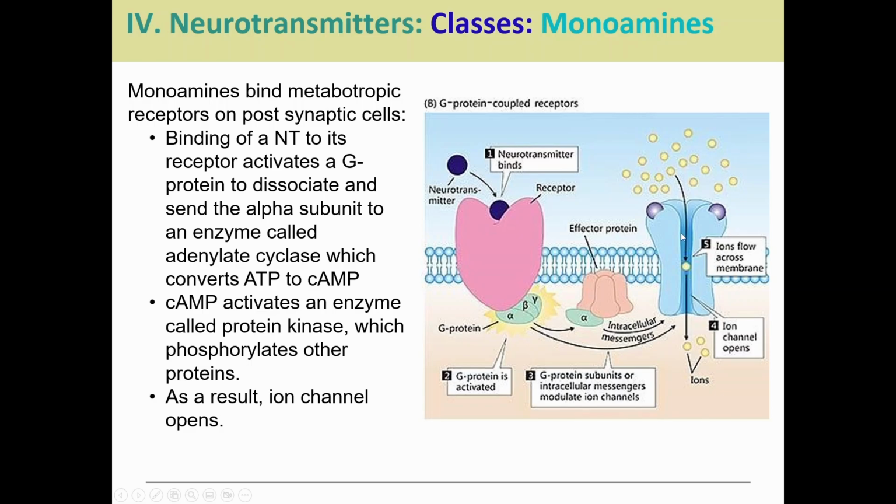We saw this same cycle, right? The adenylyl cyclase converting ATP to cAMP then activating kinases, and then kinases going down the line to open up the ion channel. But they're binding to a G protein coupled receptor. That's one of the things I'd like you to take away there.